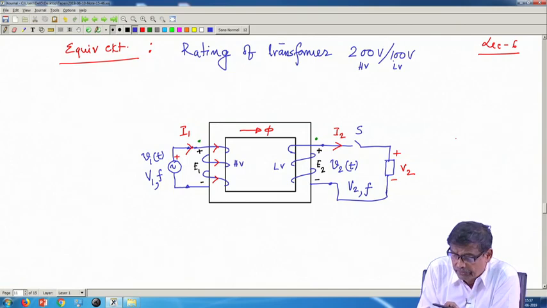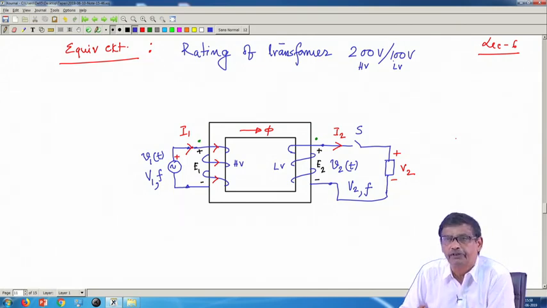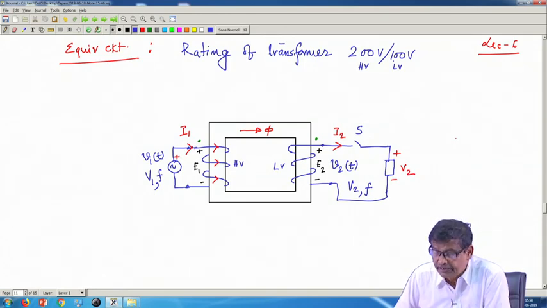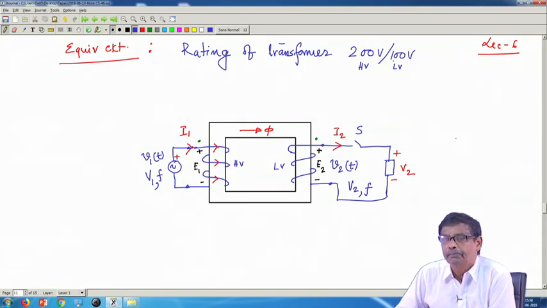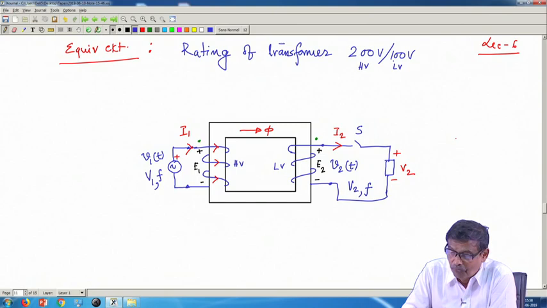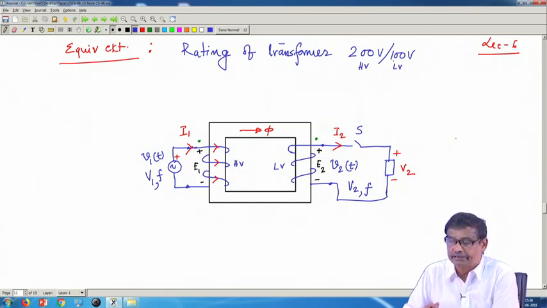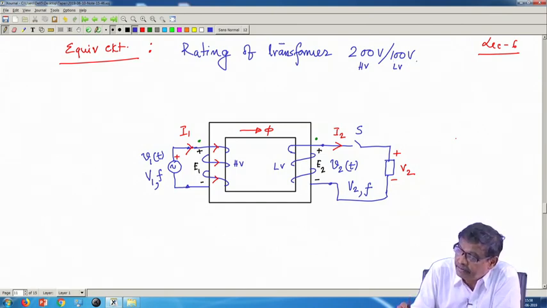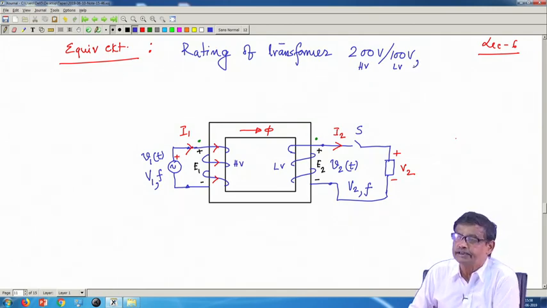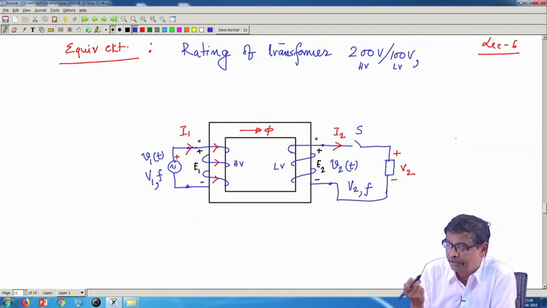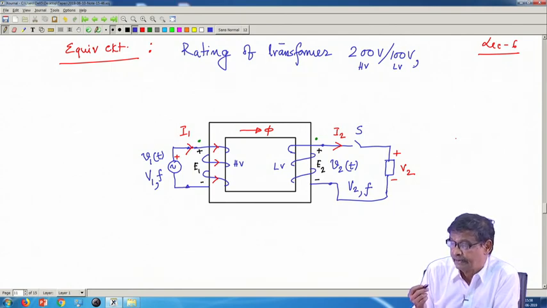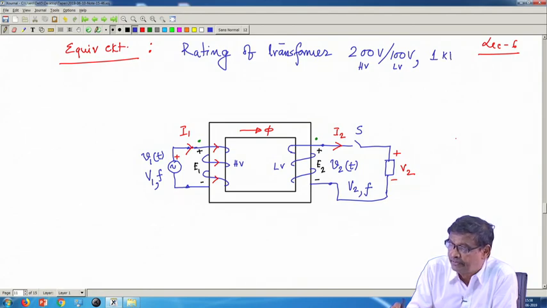Then I told you the current ratings of the coils should also be specified. Because we know the volt-ampere product remains the same, current ratings are specified indirectly. What is specified is a kVA rating. Suppose the kVA rating is 1 kVA.